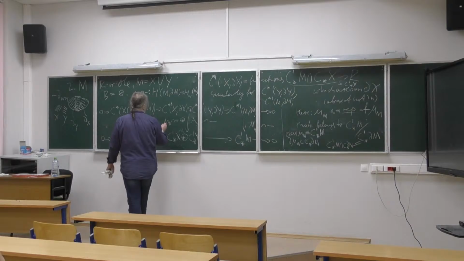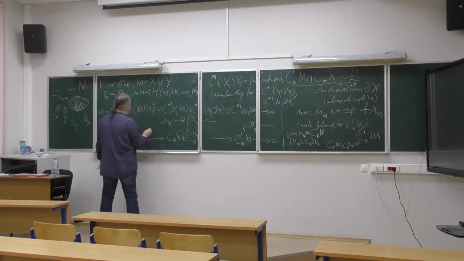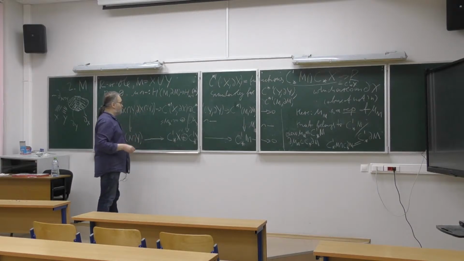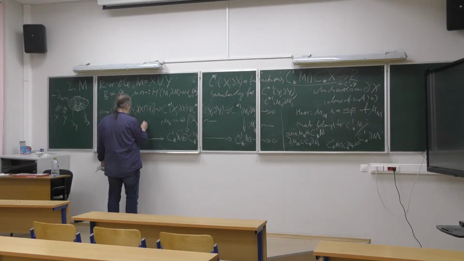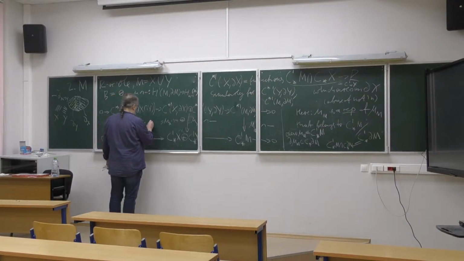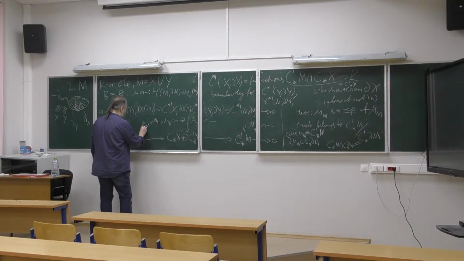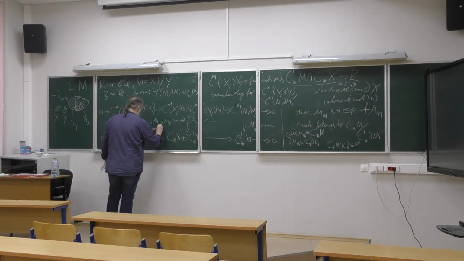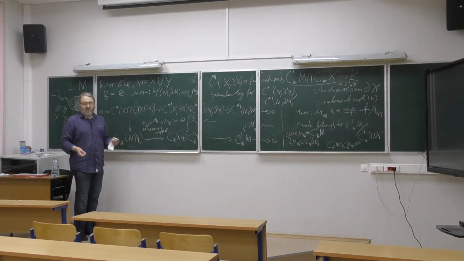Then mu x is obtained from mu m by dropping the m minus x component.